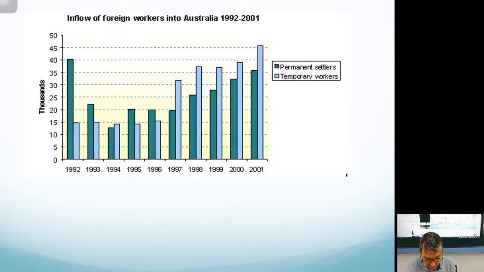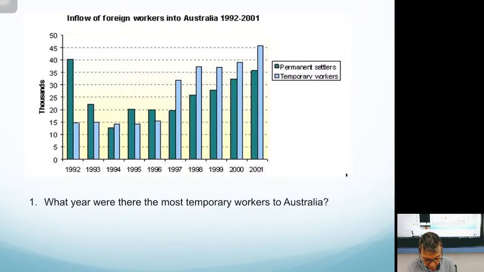Alright, let's continue. So, looking at this graph, what is the most important information that we can see from this? So, number one, what year were there the most temporary workers to Australia? So, have a look at the graph there. We're looking for temporary workers, which is this one.